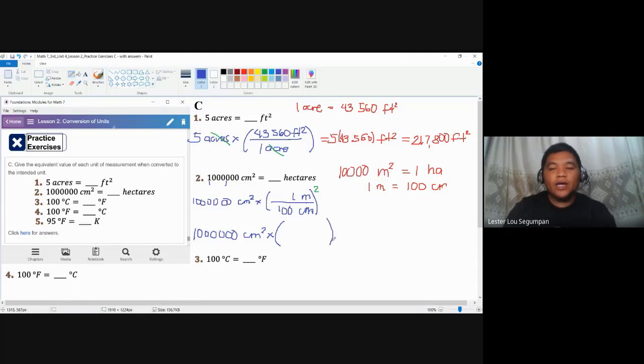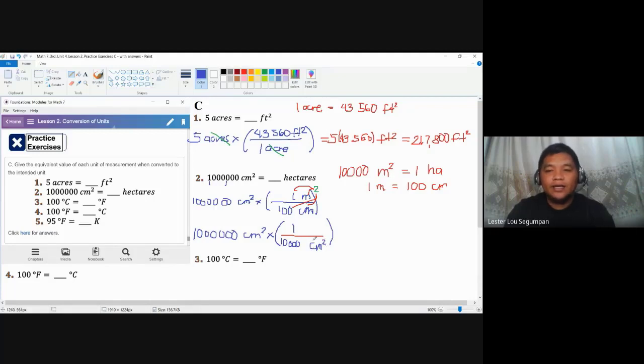Take note, when we have laws of exponents, this means we're going to distribute the exponent to all terms inside. So you will have 100 squared. The square of 100, we have four zeros, which is 10,000. 100 times 100 is 10,000. The square of 1 is just 1. The square of centimeter is centimeters squared.